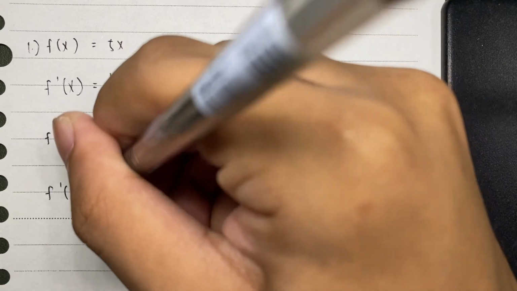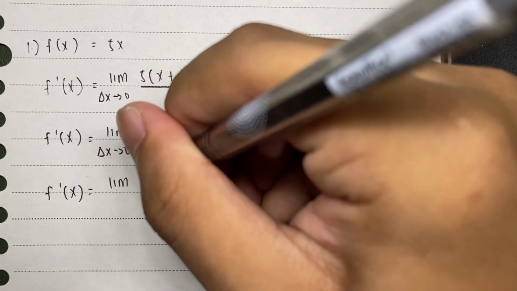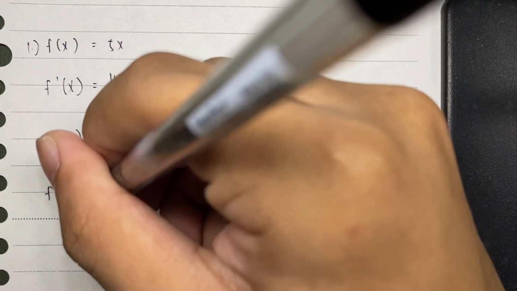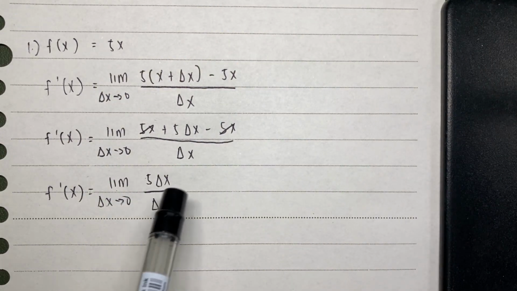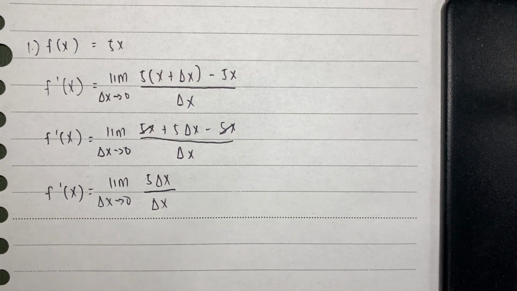So cancel these two and we're left with the limit of 5 delta x over delta x as delta x approaches 0. We can see that the two delta x's in the numerator and the denominator cancel each other out.